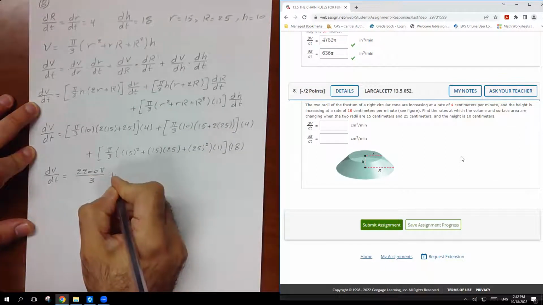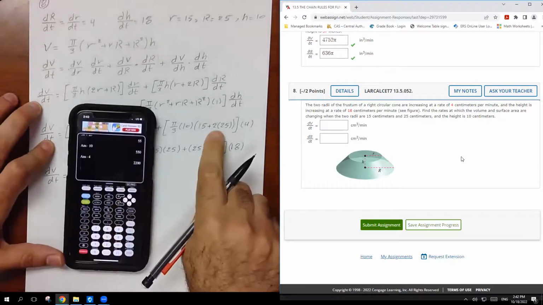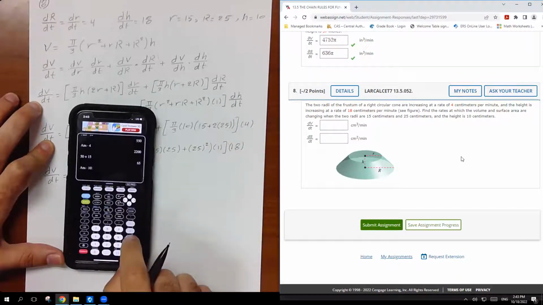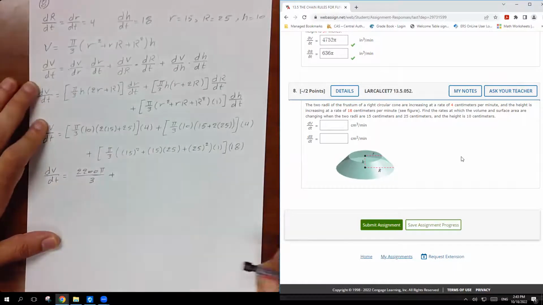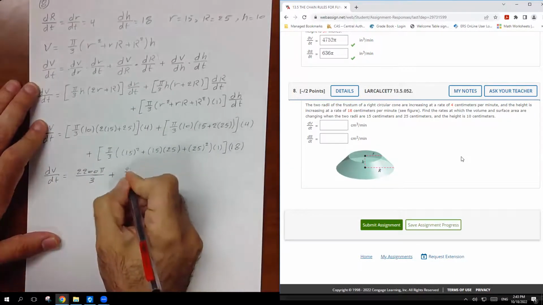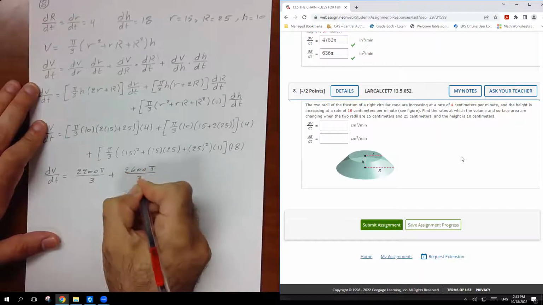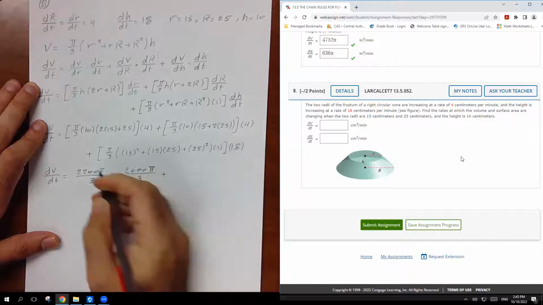Plus the second one, we're going to do the same thing, but be careful. So this is 50 plus 15, and everything times 10, and everything is times 4. So it's going to be 2,600 pi over 3, and here is going to be plus the last one.